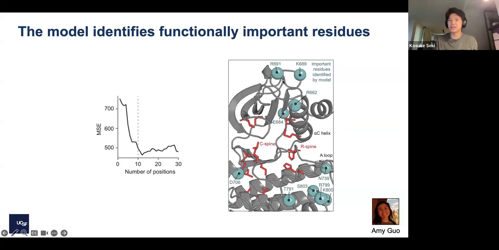And you can see many of the residues that are important in the model are indeed close to that alpha helix, which suggests that maybe those residues have some sort of important regulatory role in affecting the activity of the kinase. So I think it's really impressive that a really simple model can learn these types of relationships.